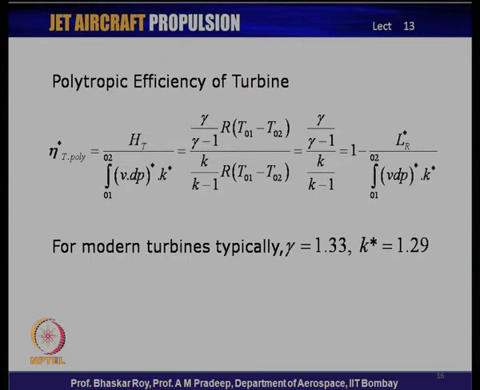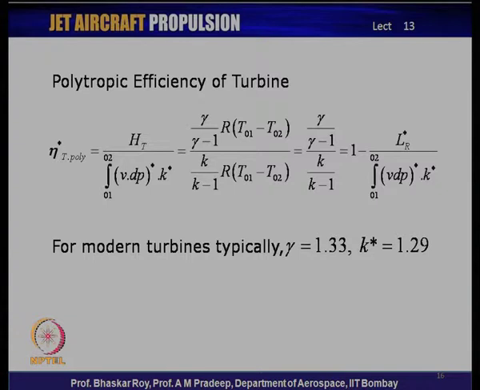As we have seen, the turbine, compressor and many of the other components are designed at a particular operating condition of the jet engine, and this is being shown in terms of those particular operating conditions of T01 minus T02. That is the operating condition for which this turbine is being designed, and we are looking at the design efficiency of the turbine in terms of the operating condition as specified by the designer.